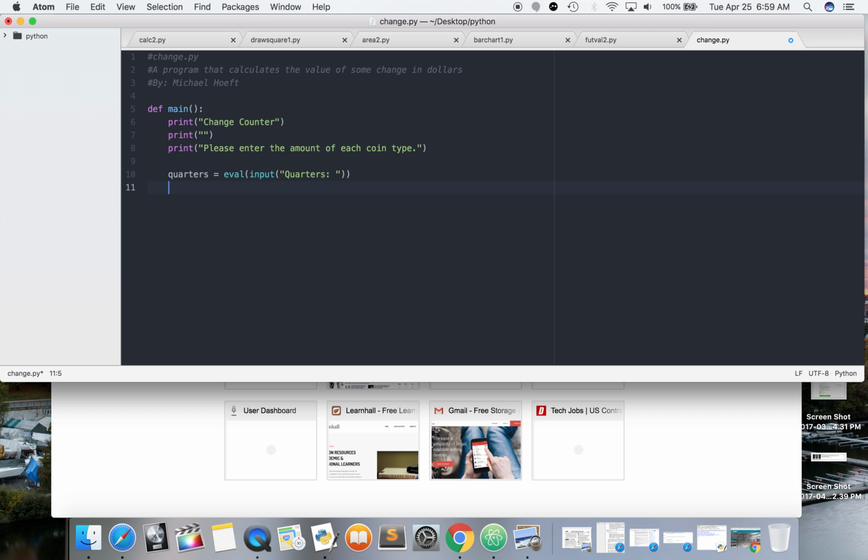Valid quarters. And now we're going to be dimes. It's going to be invalid put times. Let's see, nickels. It's going to be the same. And the pennies.